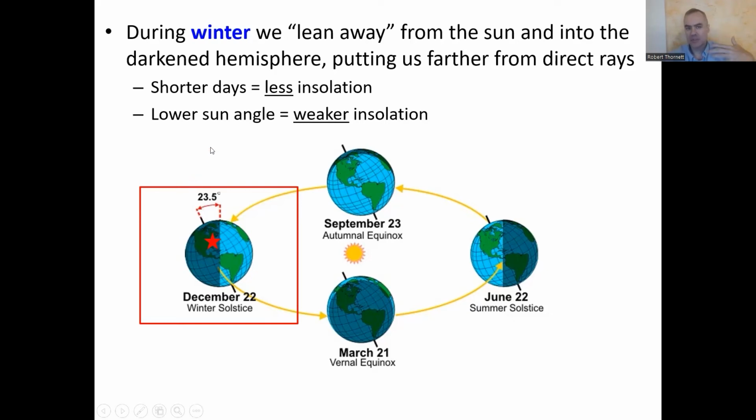The opposite is also true with the strength of the insolation. Now that you're leaning away from the sun, the sun's angle will be lower in the sky. You have a lower sun angle, and therefore weaker insolation, weaker sun coming in. So wintertime, shorter days and weaker sun, all of which makes for colder weather.